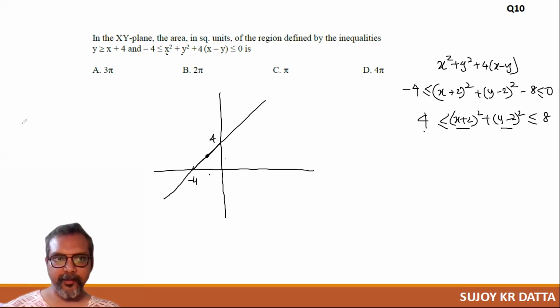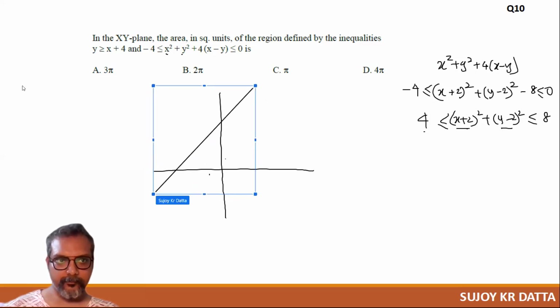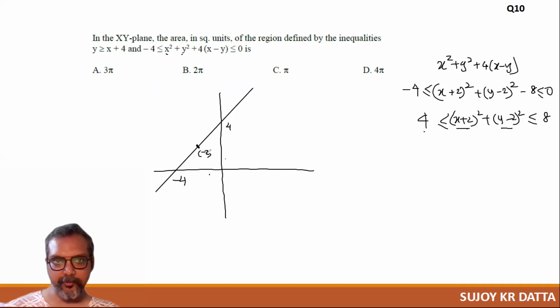Right? So if I, let's say, draw the line a little bigger. So this is -4, this is 4, that's the center, whose coordinates are -2, 2. The first circle, which has a radius of 2, will be like this.